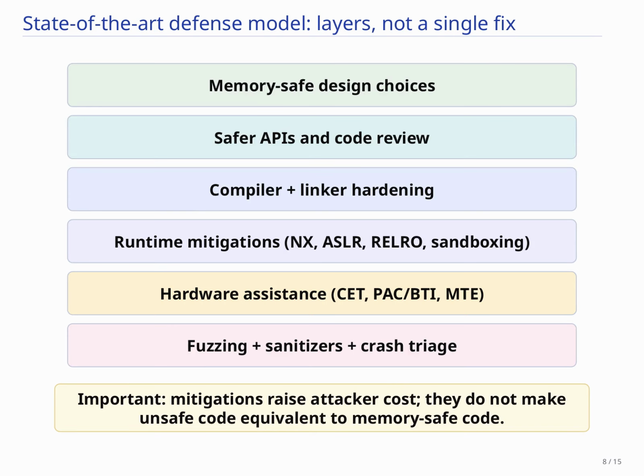The modern defense against these memory corruptions is memory safe design techniques. The second thing is safer APIs and code review. Safer APIs means input checking, because most input related problems happen when you read input from untrusted sources like APIs. Another thing is compiler and linker hardening.